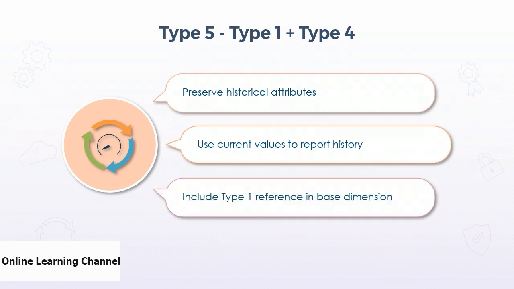But it also adds a reference in the base, or slow-changing dimension attribute table, that references the latest record in the mini-dimension or fast-changing attribute table. This is basically for query performance, when the mini-dimension fast-changing table has a lot of rows and therefore querying the latest records would be slow performing.